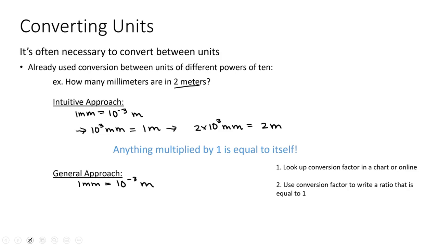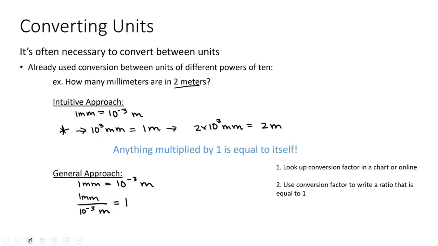Well, before, when we did our conversion factor up top here, I divided both sides by 10 to the minus 3. Now instead, I'm going to divide both sides by 10 to the minus 3 meters. So then all that's left on the right-hand side of my equation is 1. So I get 1 millimeter divided by 10 to the minus 3 meters, and all I'm left with is 1.